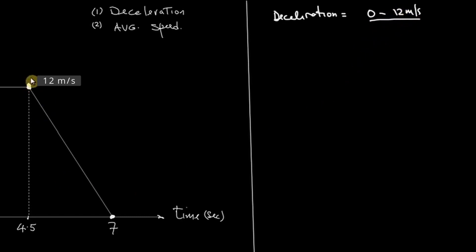So he's traveling at v1 here, and his final speed here at v2 is 0, and he does that in a time of 2.5 seconds. So the time in which he decelerates from his initial speed to his final speed is 2.5 seconds. So we divide by 2.5 here, and that's equal to negative 4.8 meters per second squared.